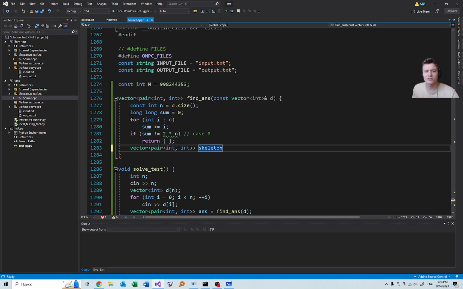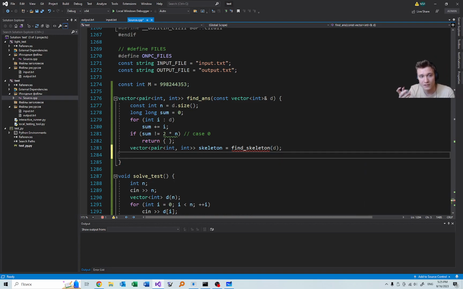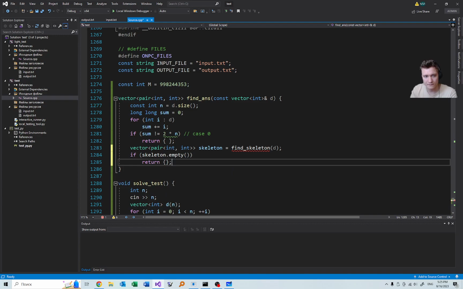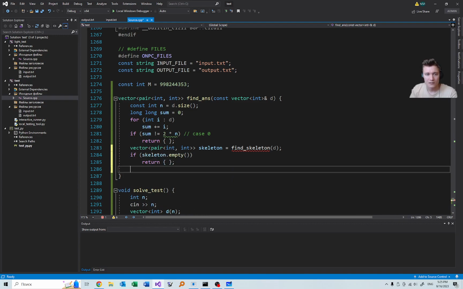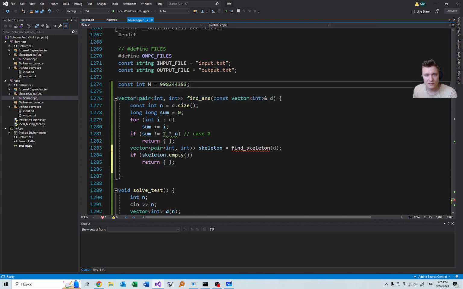Yes, I think I wrote it correctly. Skeleton equals find skeleton of D. So again, if skeleton is empty, we just return nothing. And find skeleton is the same.